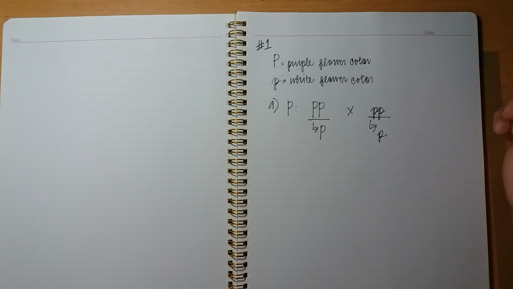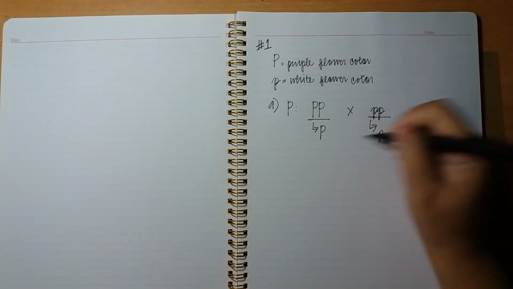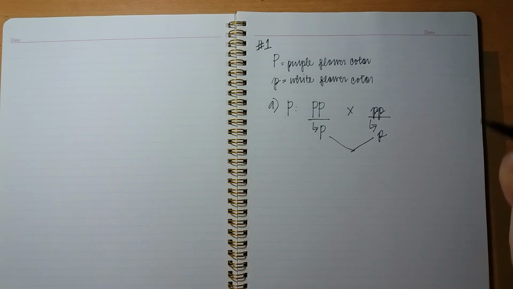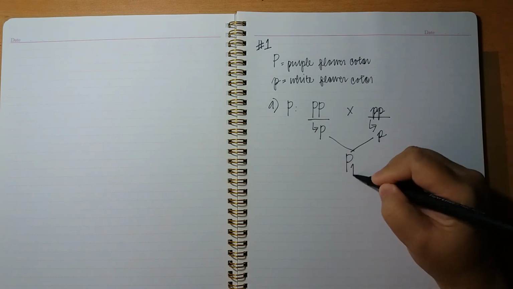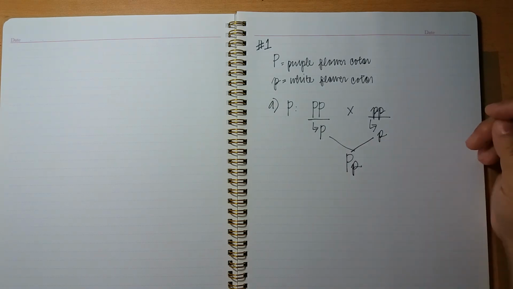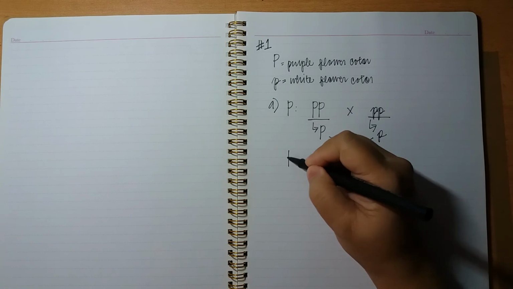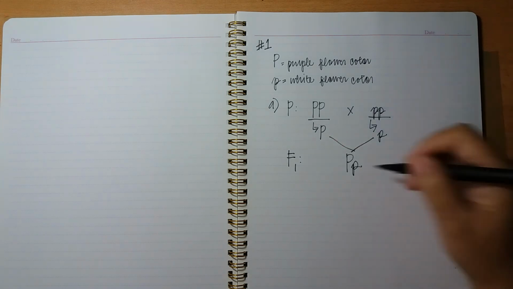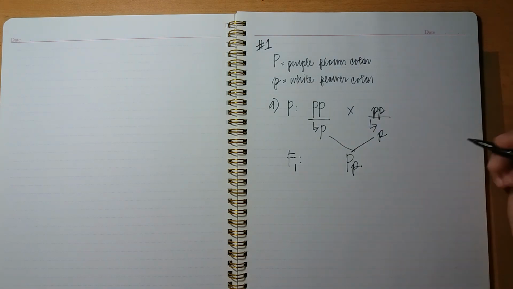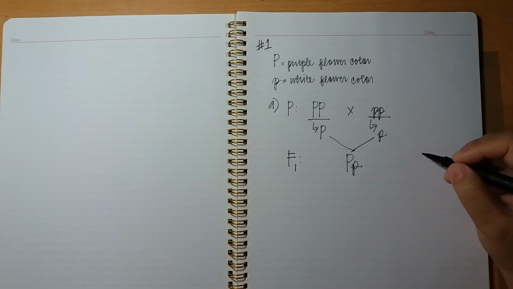Okay? So, what will happen is that when these gametes fuse, you will get offspring that have both the dominant and recessive alleles. So, the F1, the first filial generation, so the offspring of the P, are all heterozygotes. Okay? Big P, small p. So, this is the genotype of our F1.